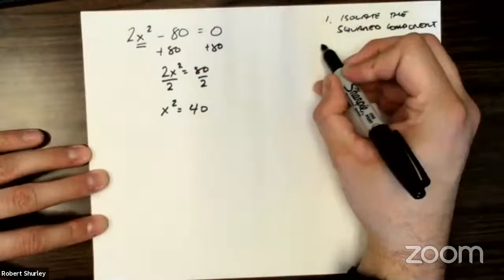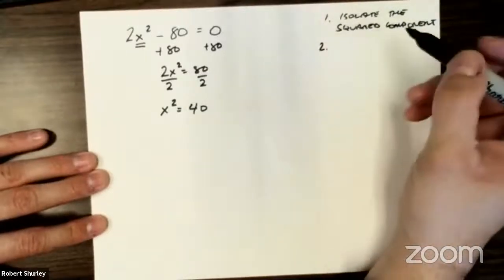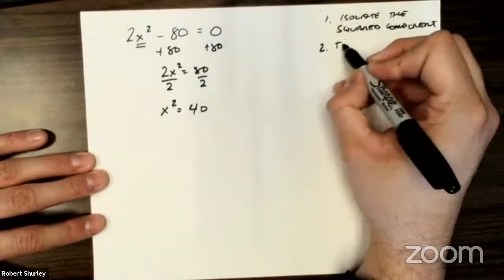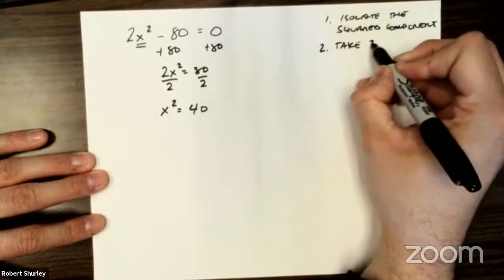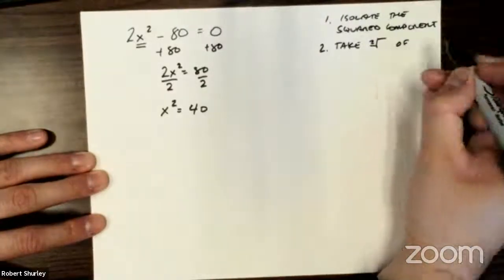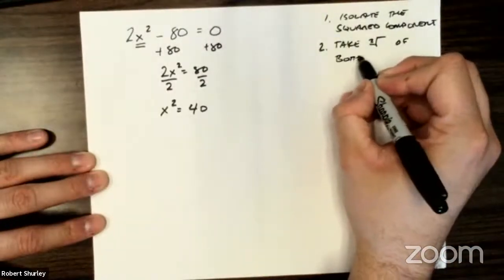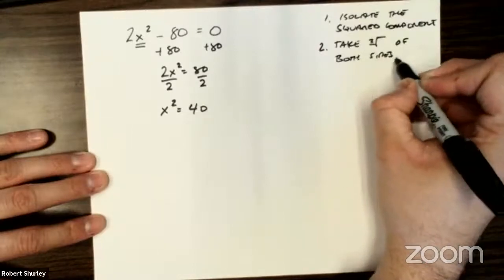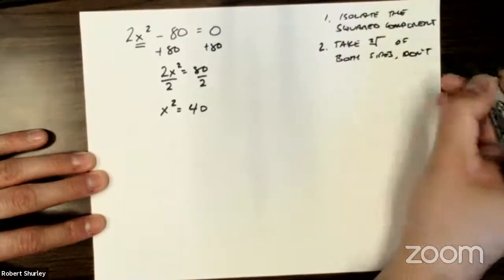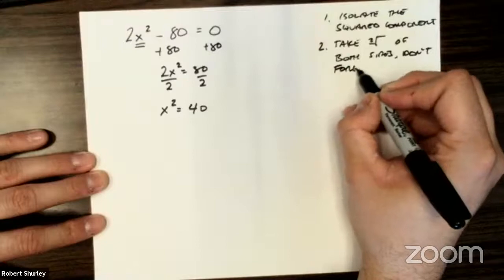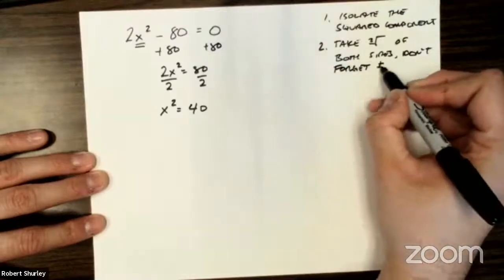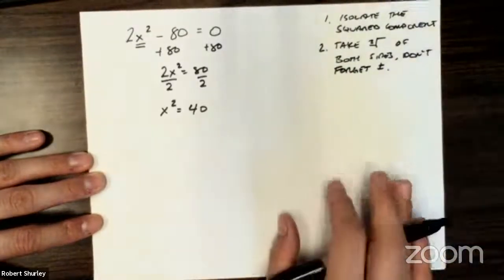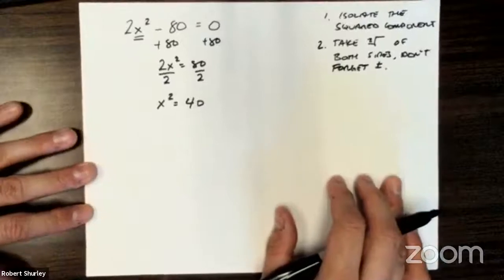Now the second step, after you get it isolated, is take the square root of both sides. And don't forget the plus or minus, okay? Take the square root of both sides and do not forget the plus or minus.